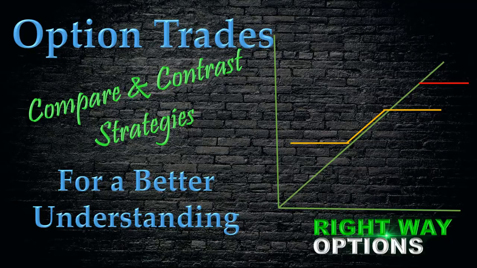And when I first started trying to decipher a P&L graph for an option strategy, I felt like I was looking at a totally different language. It just didn't make any sense to me.